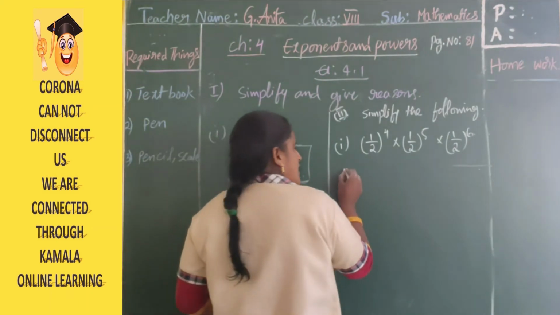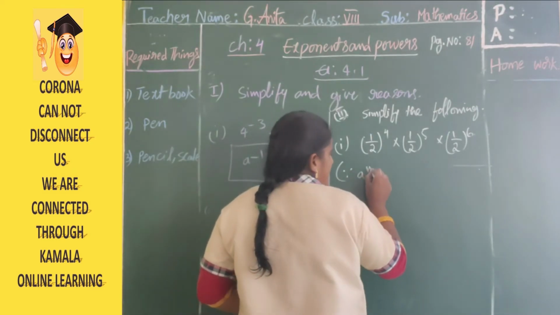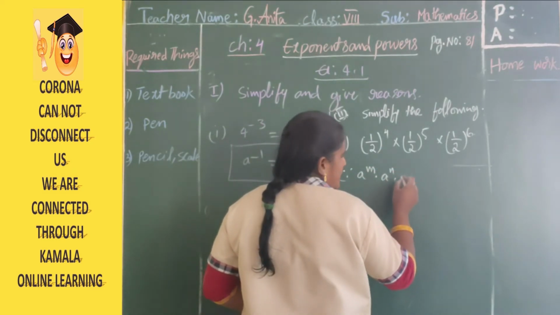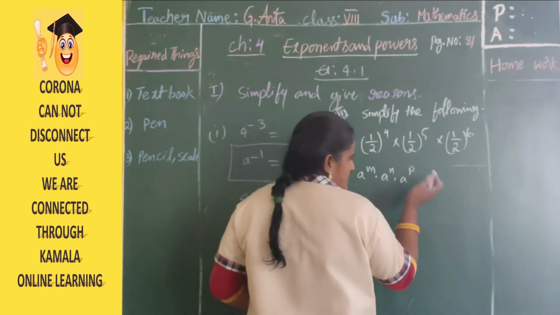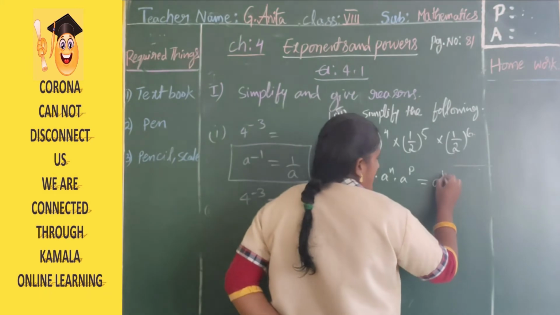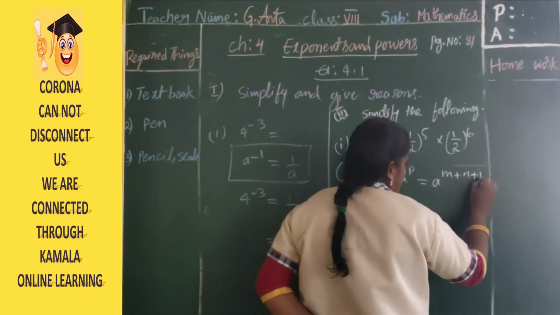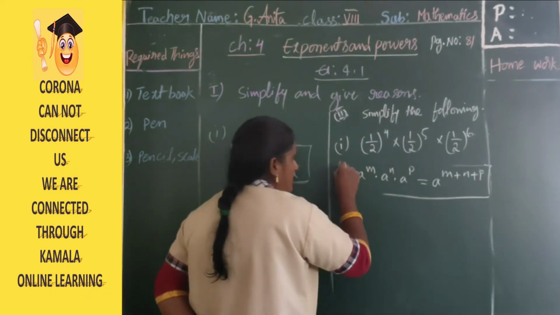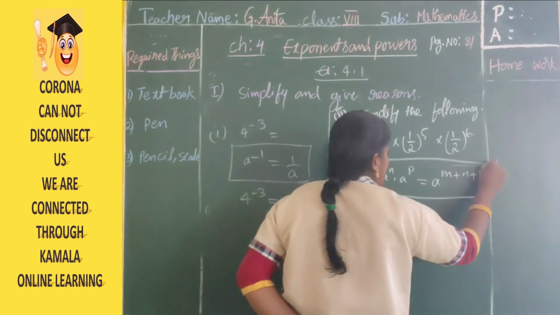Which formula are we applying? a^m into a^n into a^p, or else we can take any alphabet. So a^(m+n+p). We are going to apply this formula.